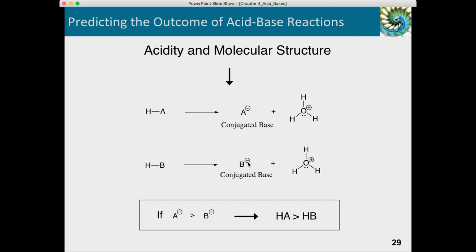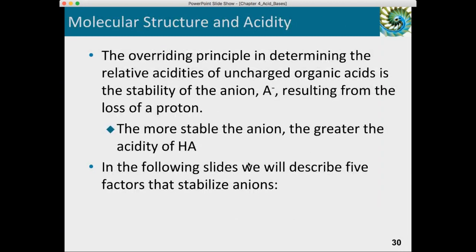The more stable the conjugate base, the more acidic the compound will be. So the overriding principle when you determine the relative acidity of uncharged organic acids is the stability of the conjugate base. The more stable the anion, the greater the acidity of the acid.